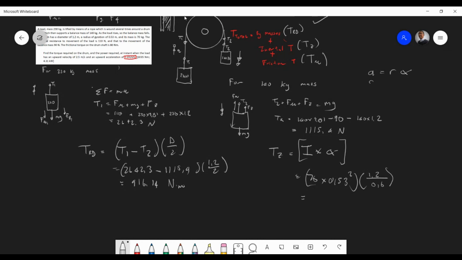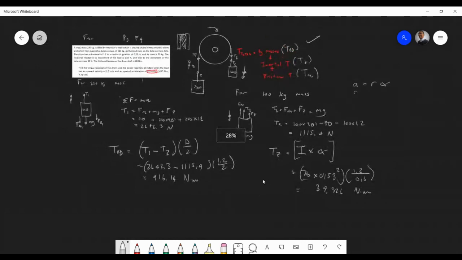All right, so if you do that, that's 70 times 0.53 squared times 1.2 over 0.6. So I think you should get 39.326 Newton meter. If the question is still feeling uncomfortable, that's perfectly fine. You'll start to see once we do a few more what's exactly happening.